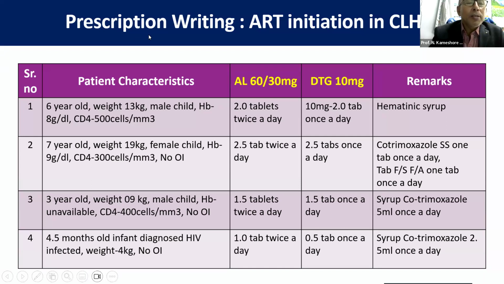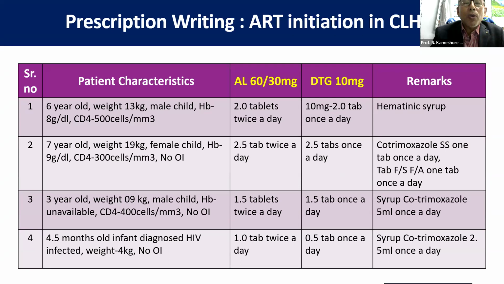In the third situation, 3 years old, weight 9 kg, male child, hemoglobin is unavailable, CD4 count is 400 per cubic millimeter, no OI. Here, for 9 kg, the tablet comes as 1.5 tablet of AL 60 by 30 milligram tablet twice a day.